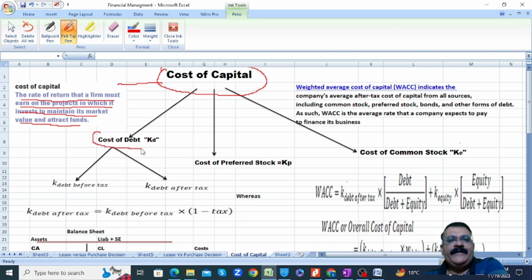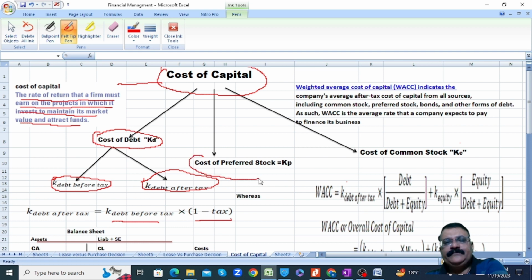Number one, cost of debt, and cost of debt is to be known as cost of debt before tax and cost of debt after tax. Cost of debt after tax is equal to cost of debt before tax multiplied by 1 minus tax rate, whereas cost of preferred stock is noted as KP, and that is the required rate of return which we have to attain on our preferred stock.